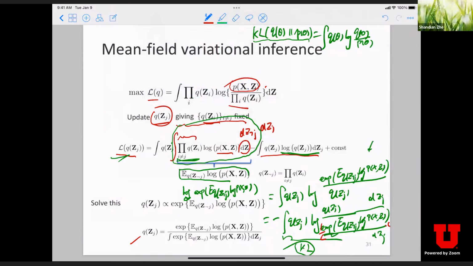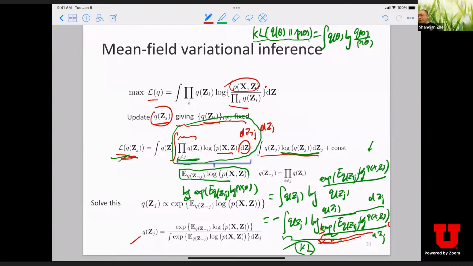Then the benefit is that if we put a normalizer here, the denominator becomes a valid distribution. And we know that only when your Q(Z_j) is equal to this distribution in the denominator do you minimize the KL divergence. In other words, you maximize the evidence lower bound.